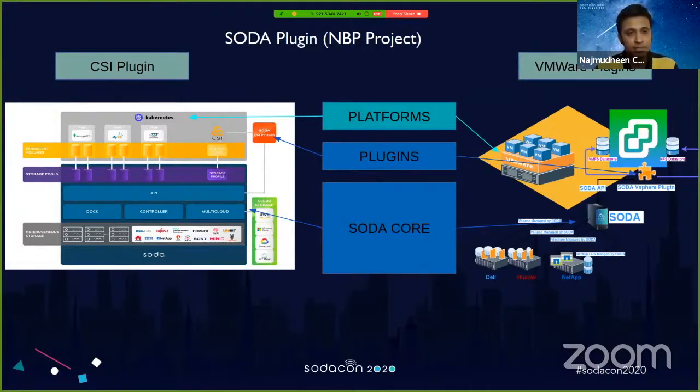That means it implements the CSI APIs like create volume and attach volume. This plugin can be used in a CSI-compliant containerized orchestration platform, so that the SODA framework and platform integration can be done.